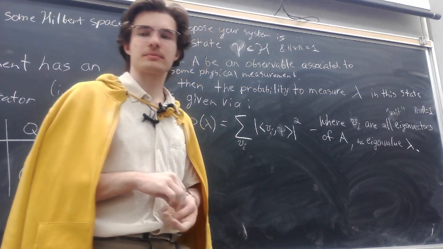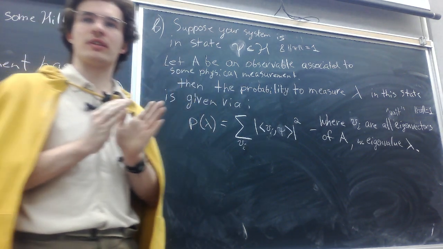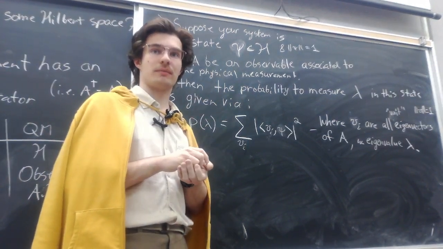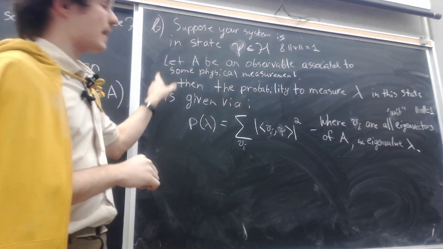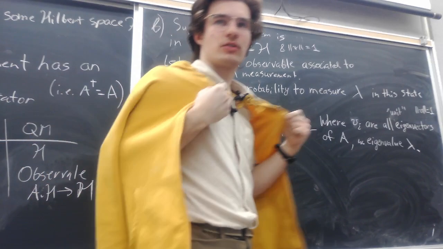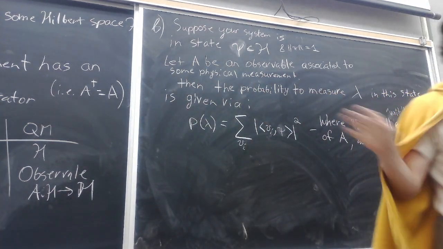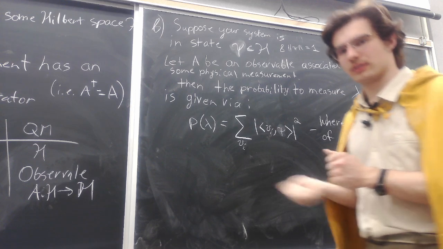But we didn't actually talk about the physical process of actually making a measurement, right? All of this is still in the quantum world of Hilbert spaces. All of this stuff, like this observable, these eigenvalues, so far doesn't directly interact with the real world yet.